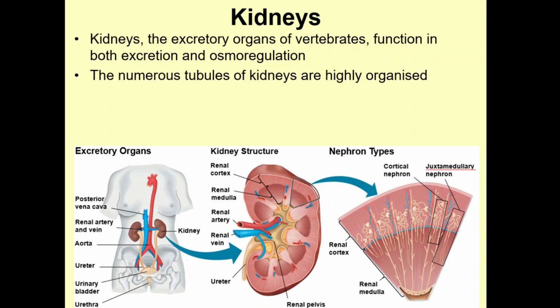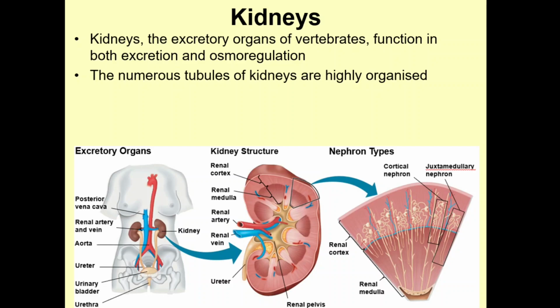And we've got numerous tubules in the kidneys, and they are highly organized. A bit like on the previous slide, when we looked at the nasal salt glands of the albatross, you have this specialized arrangement of tubules that rely on counter-current flow to produce the salt fluid in the nasal glands.